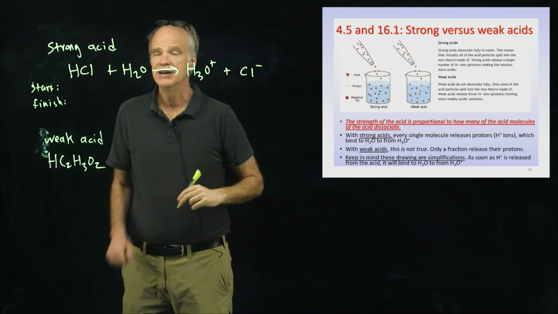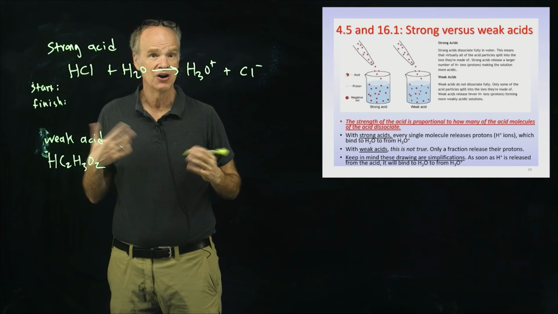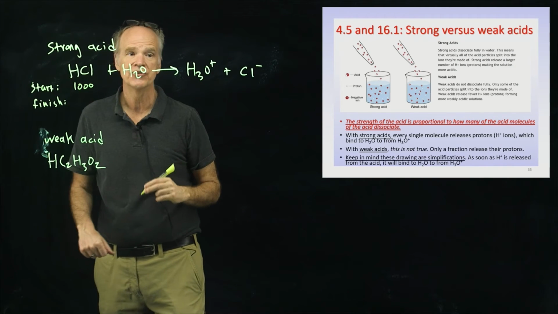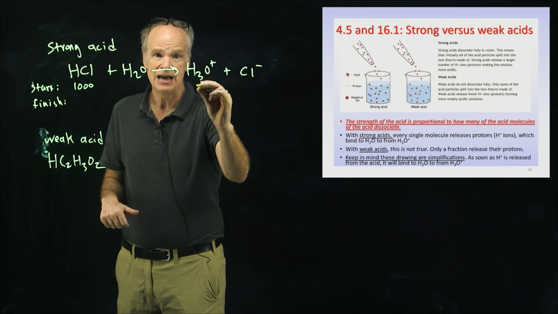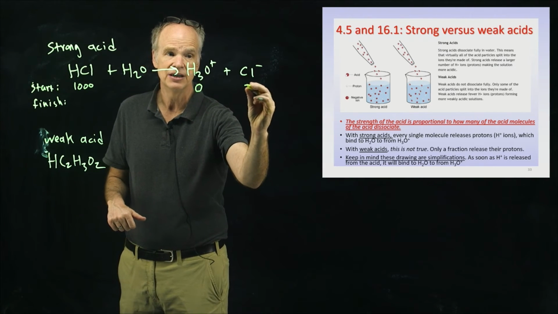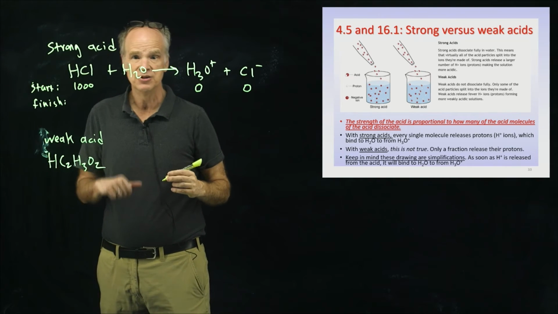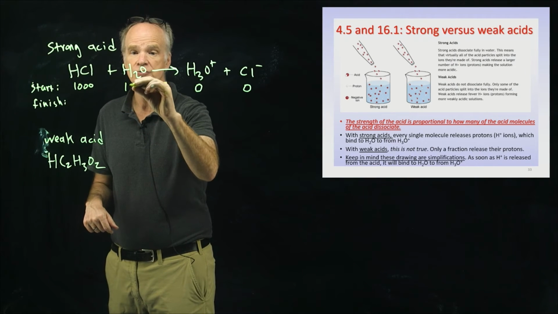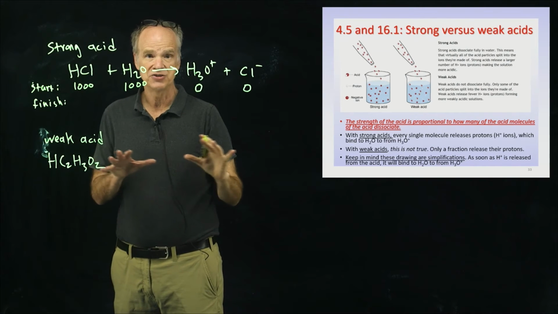You drop the HCl into water, and right before it starts, let's say you add 1,000 HCl molecules. Before the reaction starts, you're not going to have any of these hydronium and chloride ions, right? But when the reaction begins, these 1,000 HCl molecules will find 1,000 water molecules to react with them, and then the reaction will go to completion.